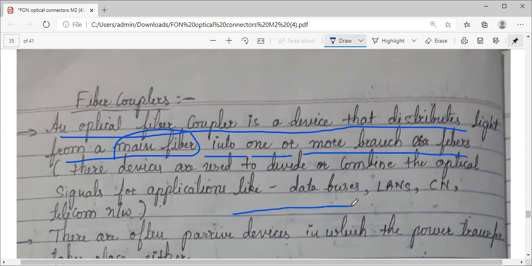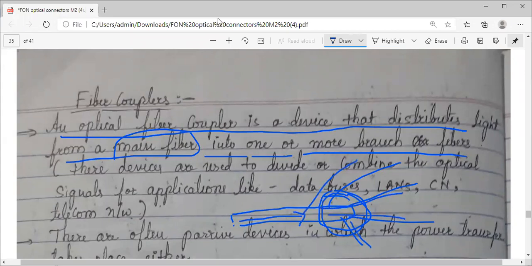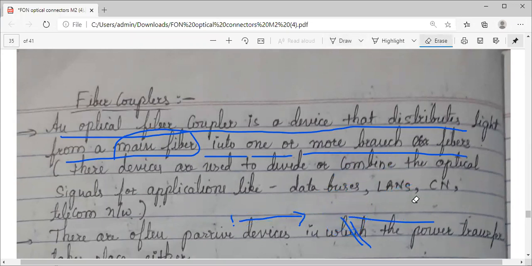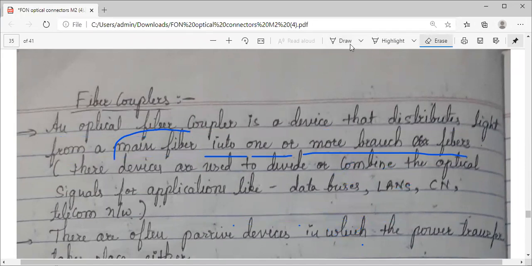If this is your main optical fiber, and say many optical fibers are connected, and you want the light to be distributed among these four optical fibers, if you use a coupler here, you can achieve this. The light propagating in the main fiber, you can distribute among all of these. Again, whether you want equal or partial percentage-wise distribution depends on the technique that you use.